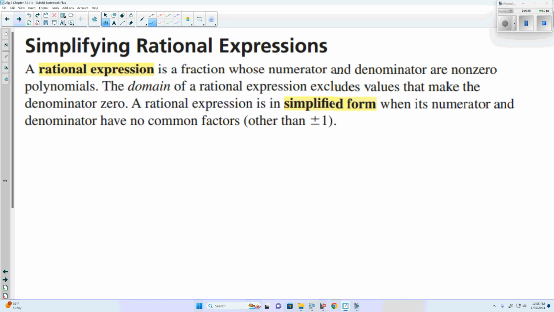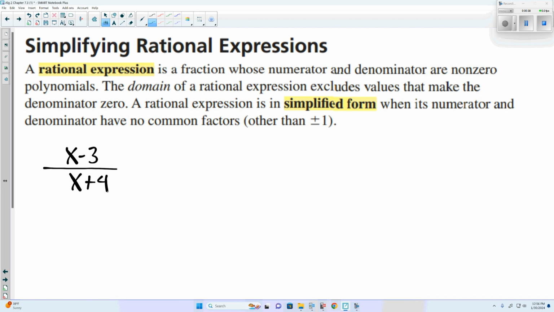What we're looking at today is simplifying rational expressions, and we will do a little bit with multiplication. A rational expression is a fraction whose numerator and denominator are non-zero polynomial expressions. So we could say x plus 3 over x plus 4 is a rational expression.